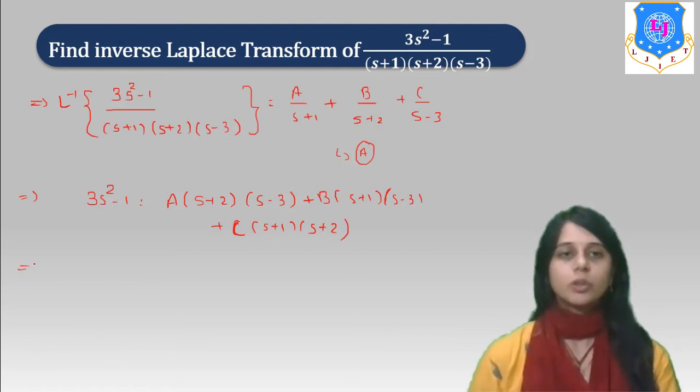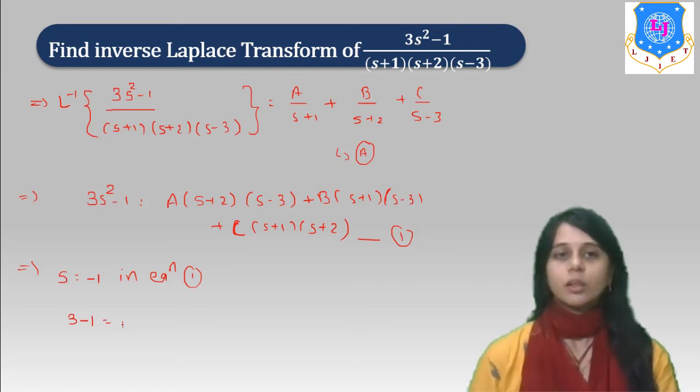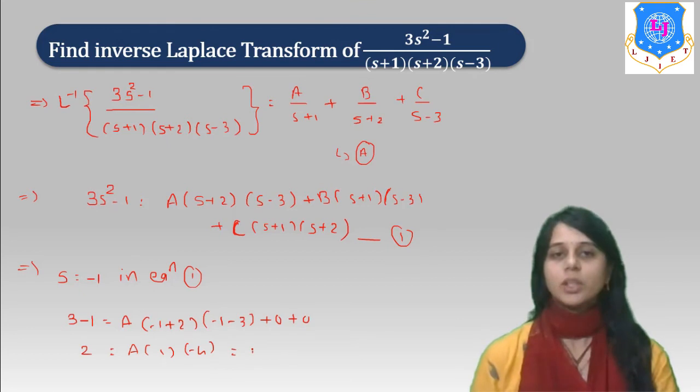Now, put s equal to minus 1 in equation 1. 3(minus 1) square minus 1 equals A(minus 1 plus 2)(minus 1 minus 3). The remaining terms are 0. So it is 2 equals A times 1 times minus 4. So we get A equal to minus 1 by 2.